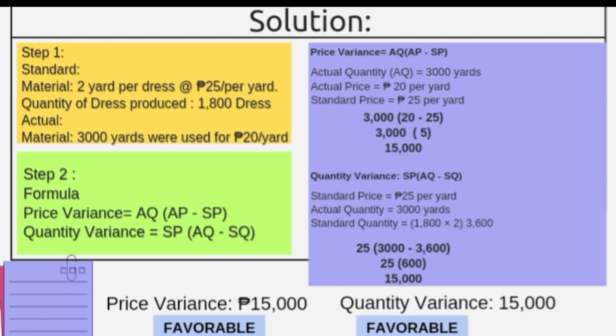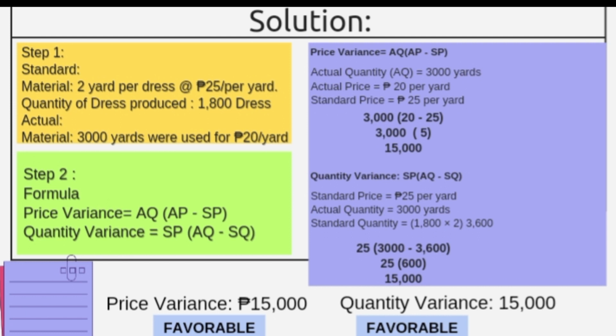Now let's go to the quantity variance. The formula is standard price multiplied by actual quantity minus standard quantity. The standard price is 25 pesos per yard. And for the actual quantity, it is 3,000 yards. The standard quantity is not given in the problem, so you need to solve for it.